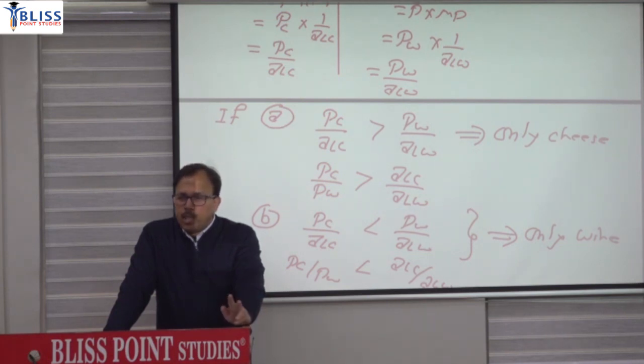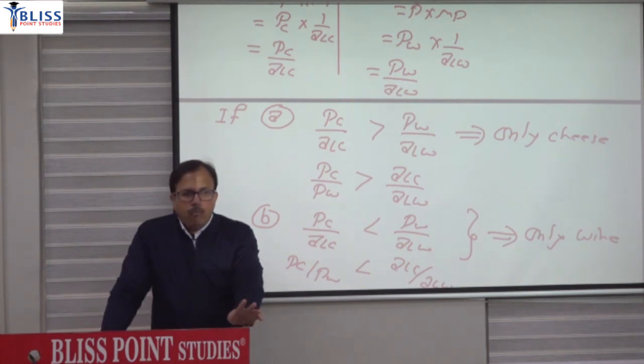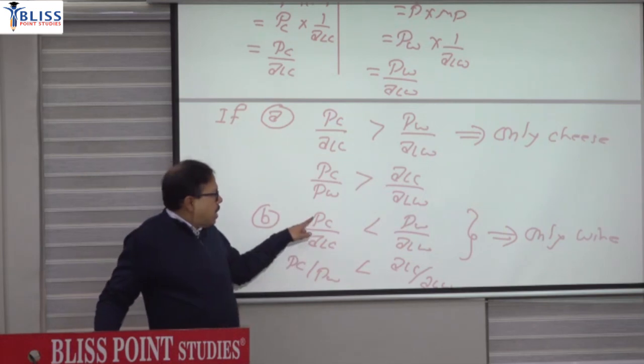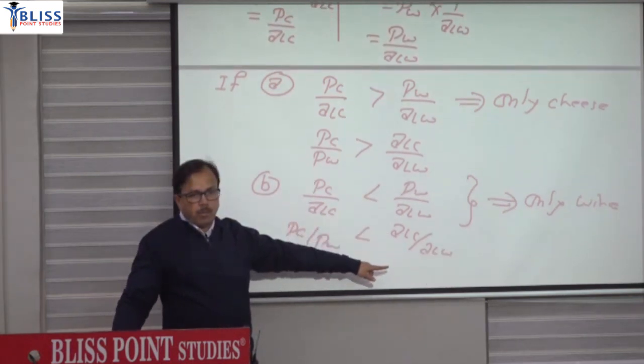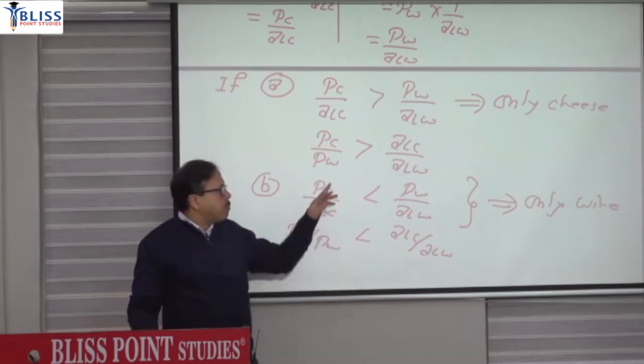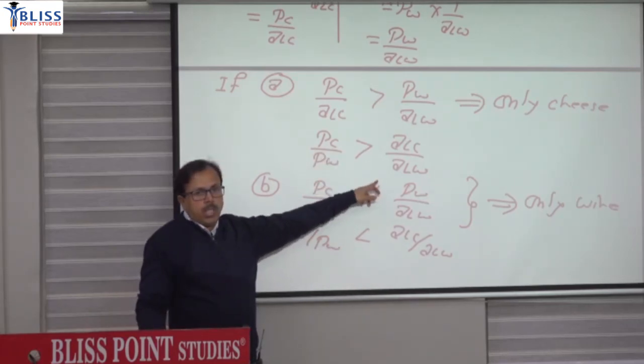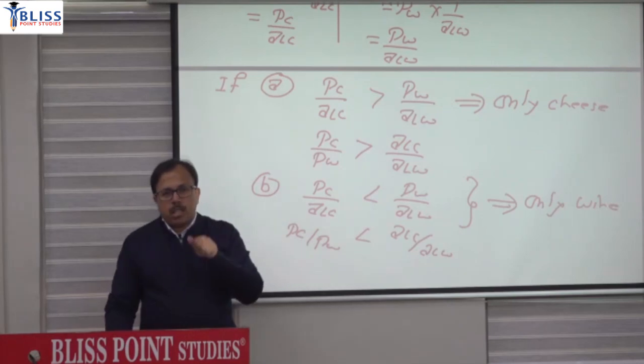So if a country is isolated, then that country must produce both products. The country can produce both products only when labor goes to both sectors, and labor goes to both sectors only when wages are equal, which means without trade PC by PW must be equal to ALC by ALW. That is the third condition.